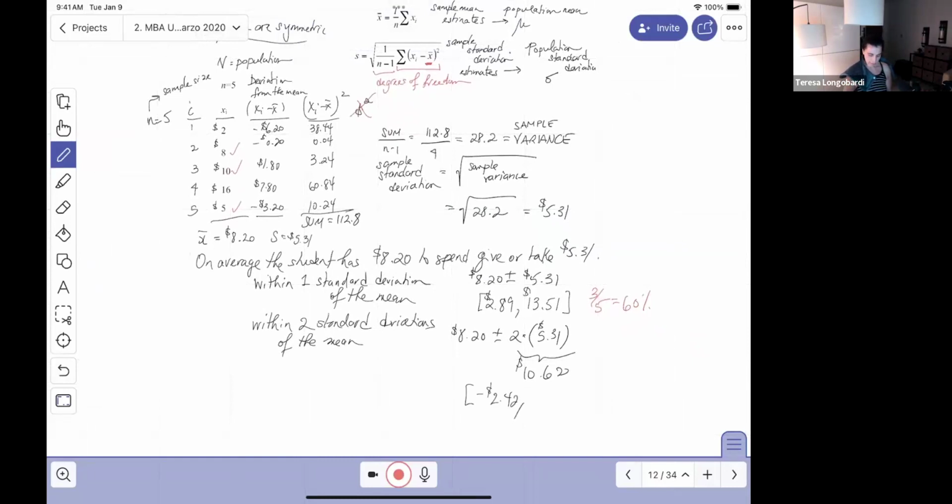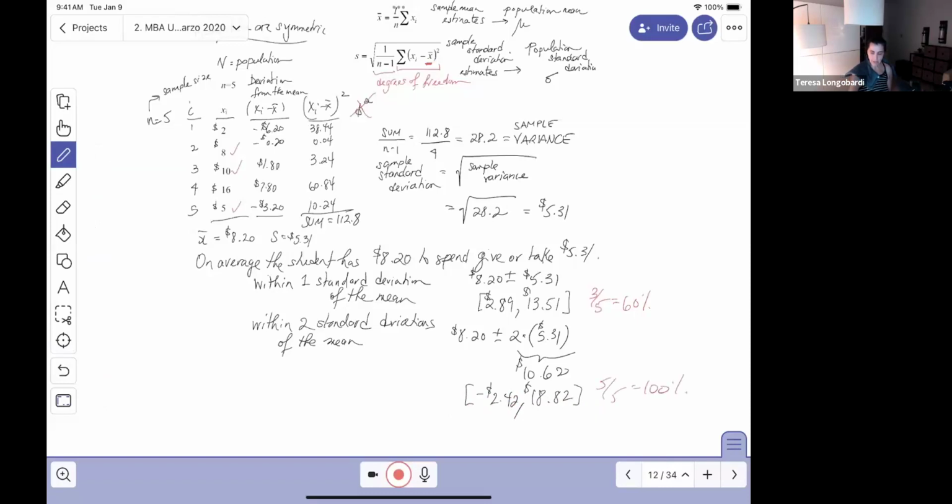And then so within 2 standard deviations, all the values fall here, okay? So this is actually 5 out of 5 that fall in the range, or 100%.